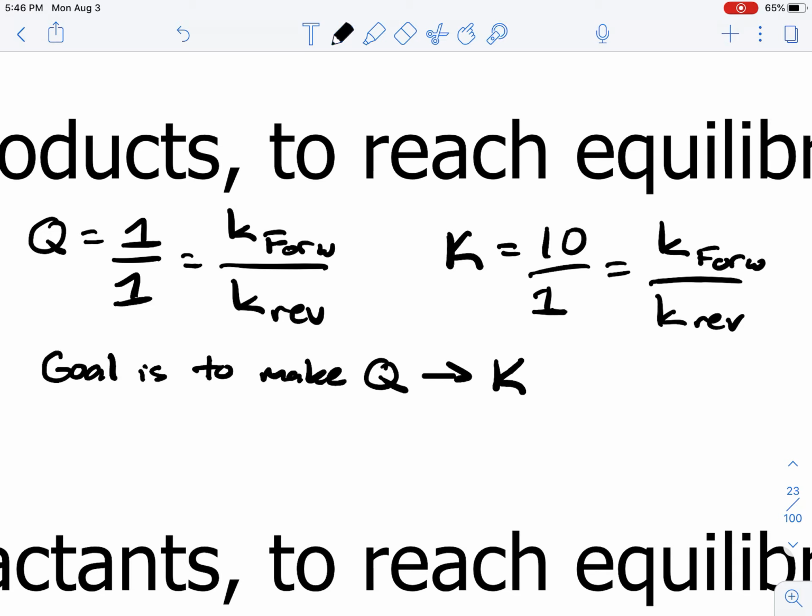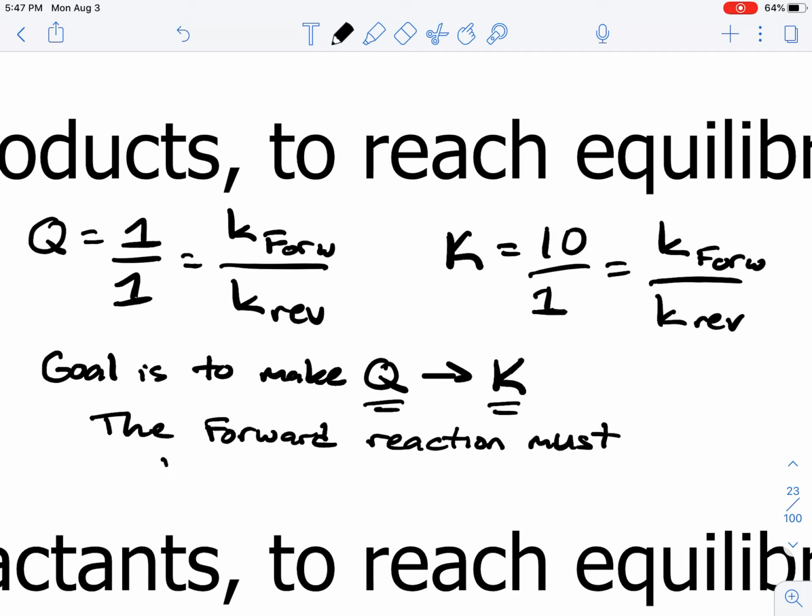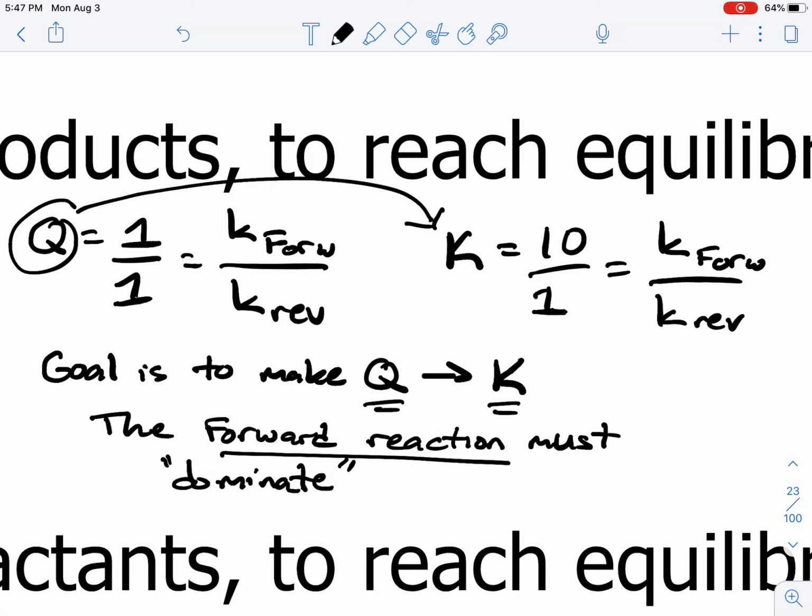Okay, and so for Q to become K, the forward reaction must dominate. Okay, and it is when the forward reaction occurs that allows Q to become K. Okay, so 1 must turn into 10 if you think about it that way.